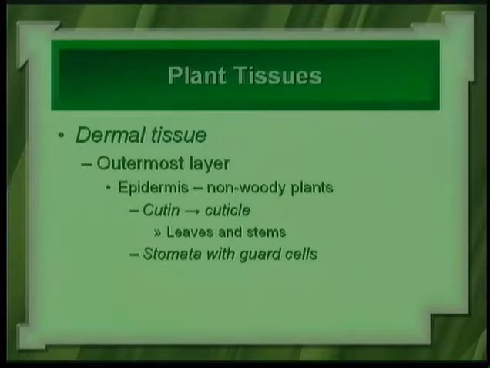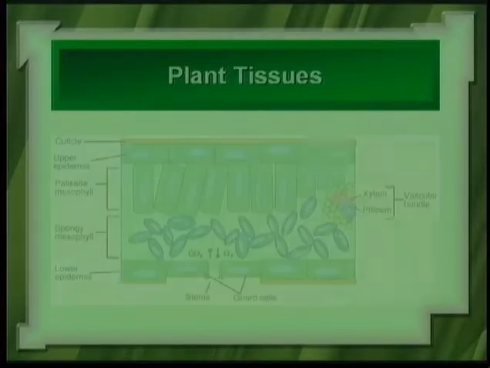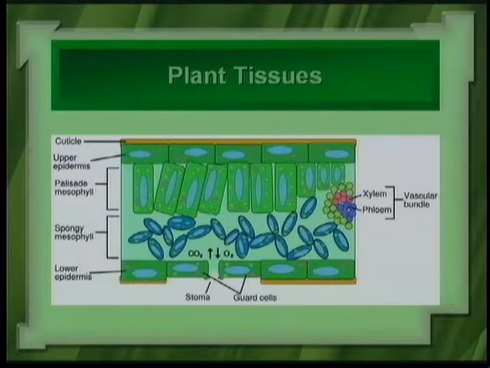Remember stomates and stomata, they're actually generally on leaves usually. So here we have a very good schematic diagram, and this is showing not only the epidermis in terms of this is a cross section of a leaf, of a dicot leaf. Remember dicots and monocots we talked about a little earlier? We're going to talk about them a little bit more today too.